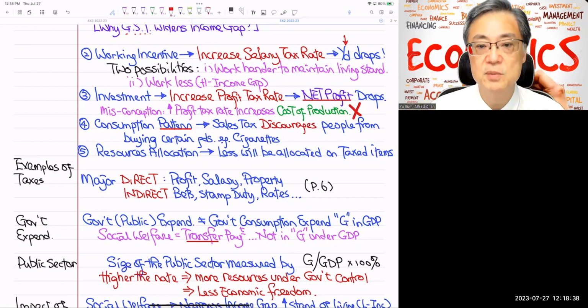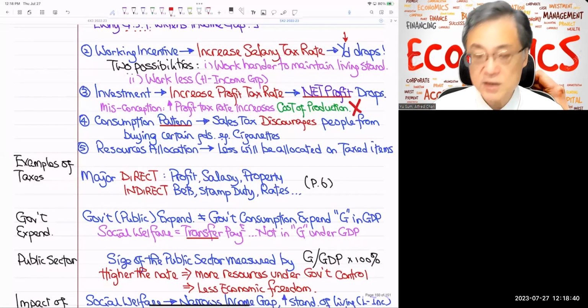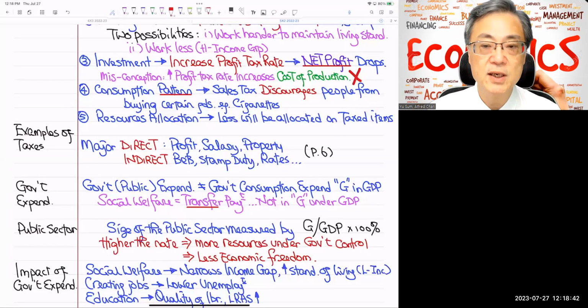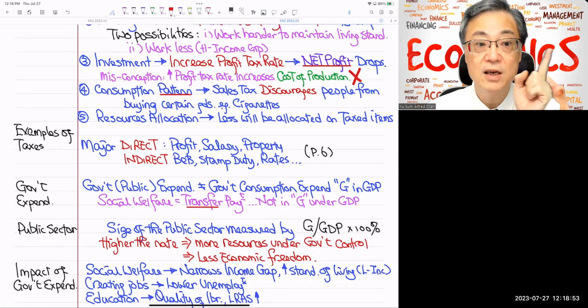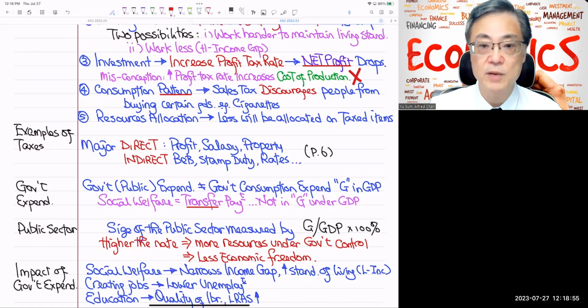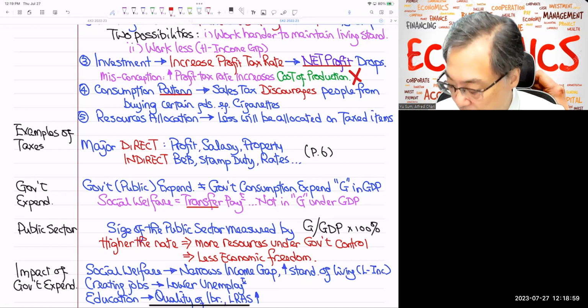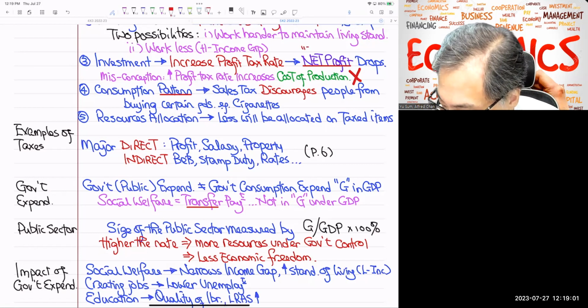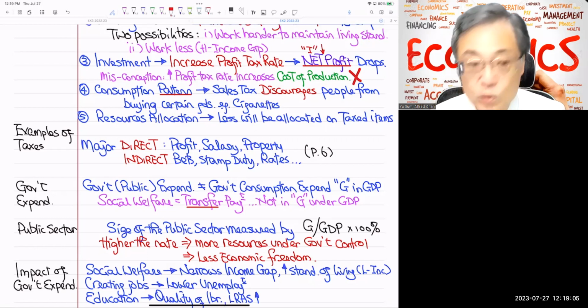So, two possibilities. Now, on investment, there's one big misconception here. When you increase the profit tax rate, it is net profit, where profit means revenue minus cost, that drops. Therefore, the investment incentive, your I in GDP, will drop.